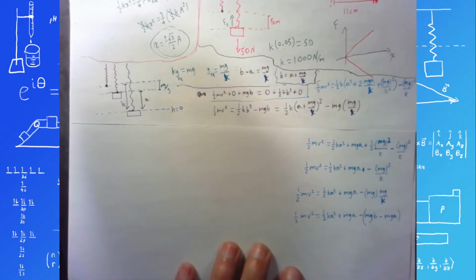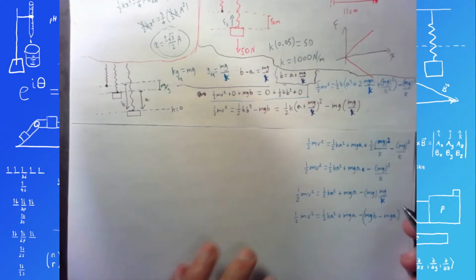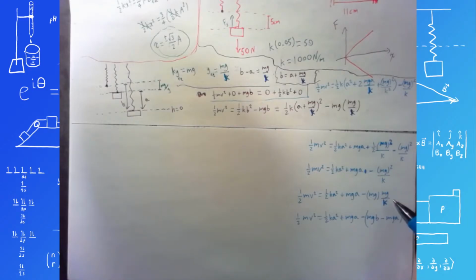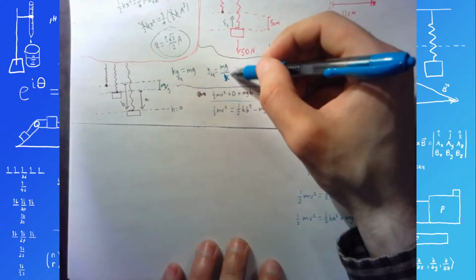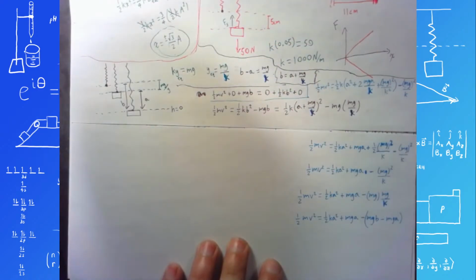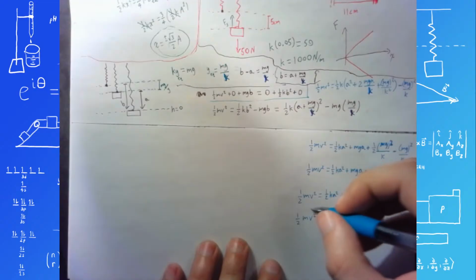Let me see. mga minus mgb would be mg times a minus b. No, that's not going to help us, is it? Let's see, mg over k. Mg over k is equal to this y equilibrium. So maybe I should do that. Maybe scrap this.